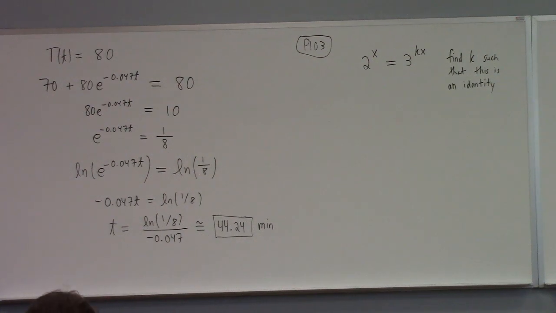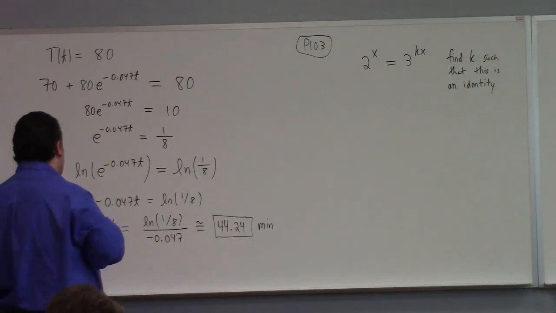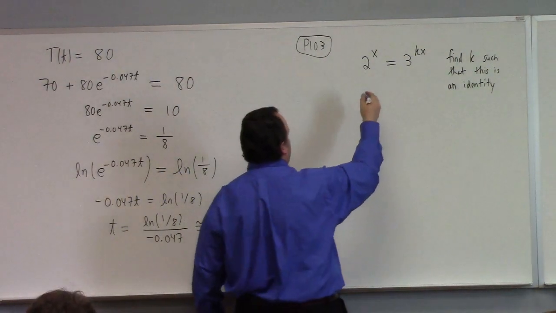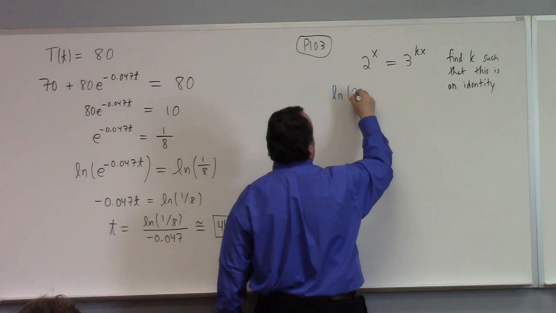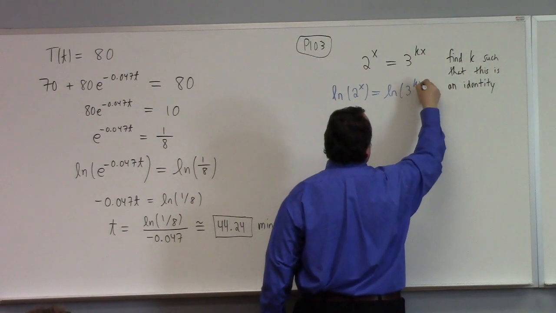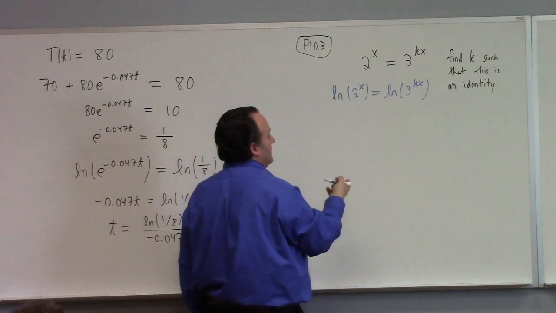Any ideas? Take the natural log of both sides of the equation. I like that. What happens if we do that? We get this, right? Then how does that simplify?